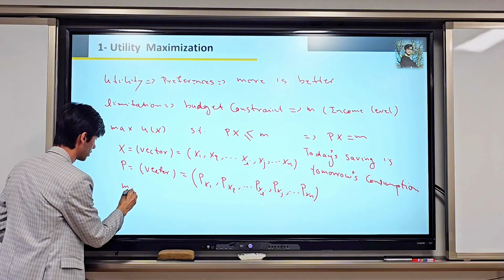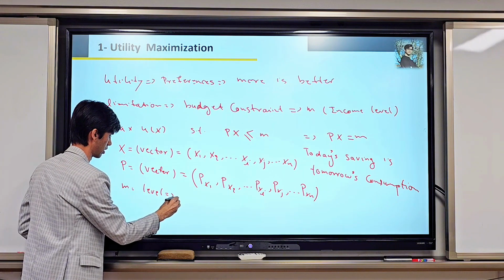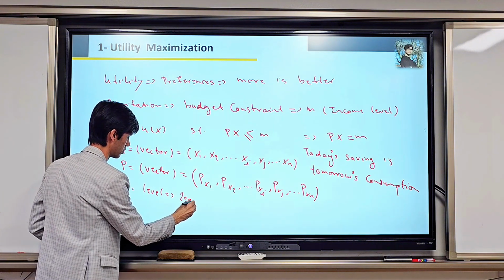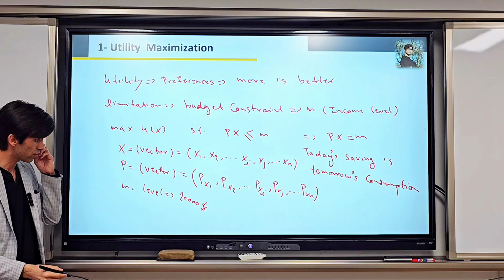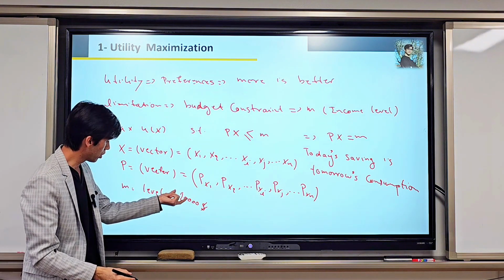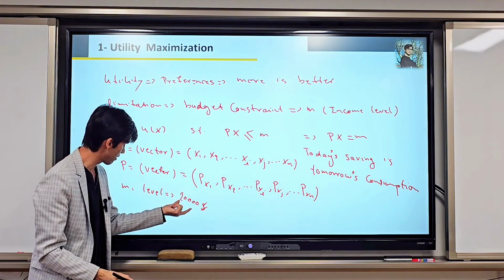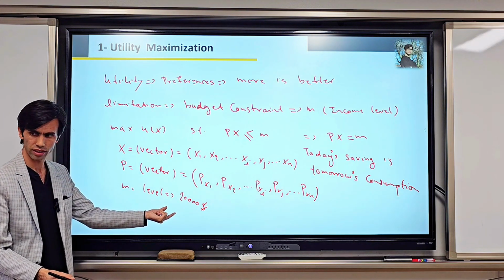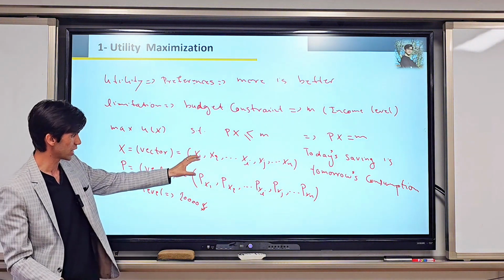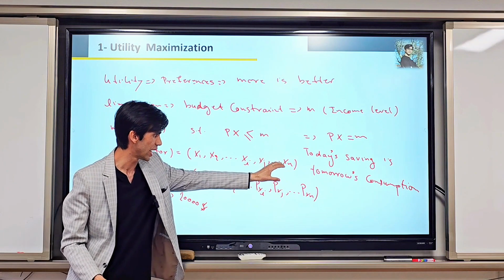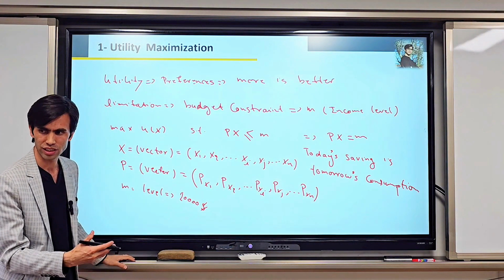But our income is not a vector, it's just a label. For example, $10,000. And what you need to do is allocate this level of income, which is $10,000, to your consumption bundle or consumption vector, which is X1, X2, Xi, Xj, Xn, based on the demand function that maximizes your utility.